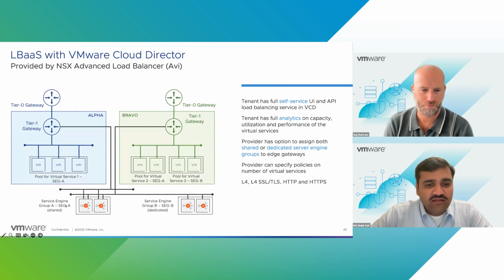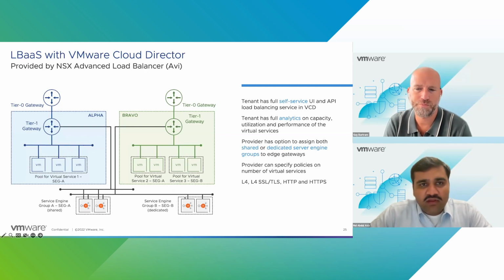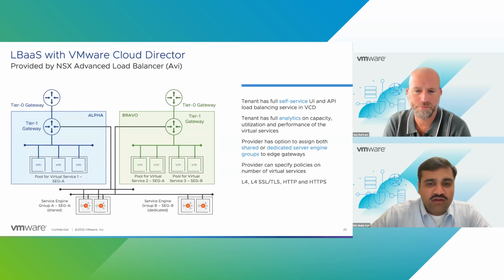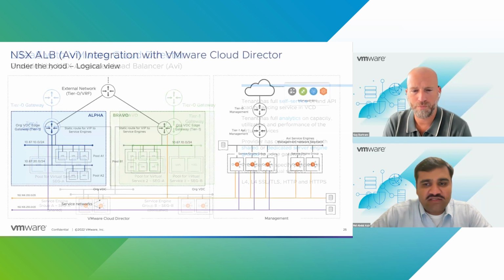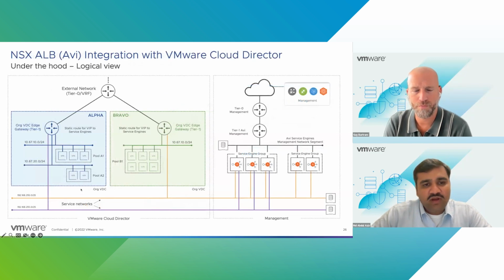Here, service engine group A is in shared mode across Alpha and Bravo, whereas service engine group B is a dedicated service engine group for only Bravo. These are all decisions the provider can make before allowing their tenants to consume the load balancing capacities.